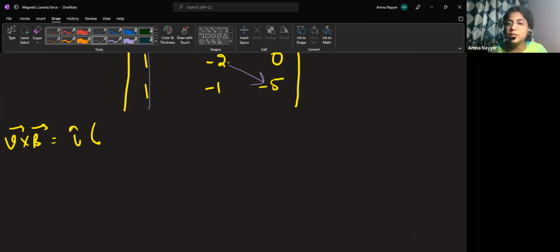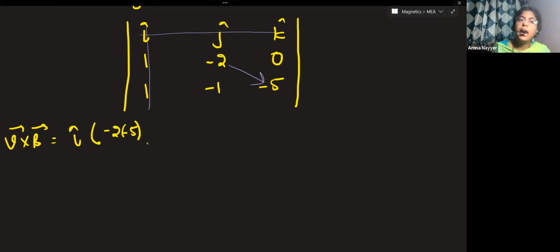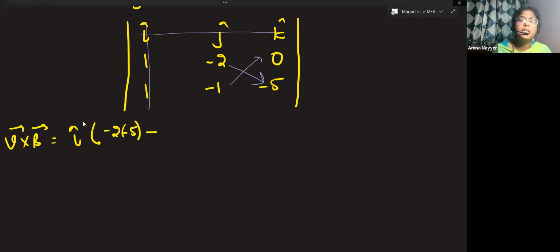You get minus 2 multiplied by minus 5. Then put a negative sign and cross multiply the other two. So minus 1 into 0 will obviously be equal to 0. This is the first one.